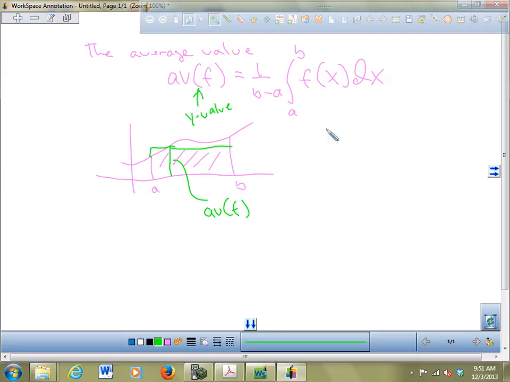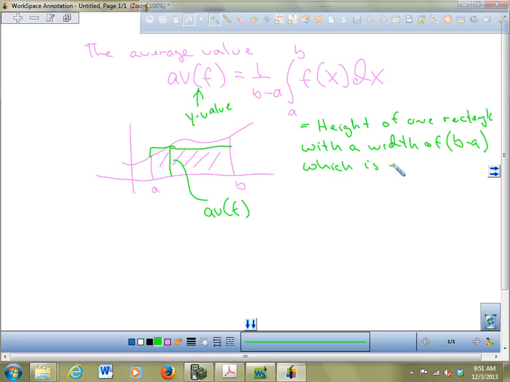So another way to express it in words is the height of one rectangle with a width of b minus a, which is equal to the integral from a to b of f of x.